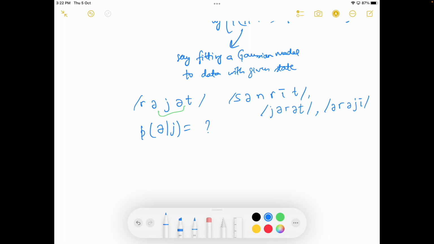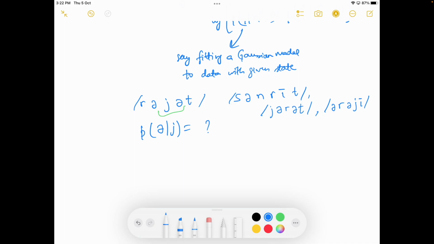Quick. 2 by 3? How much? Okay. So what you do is, first of all, count how many times J is appearing.